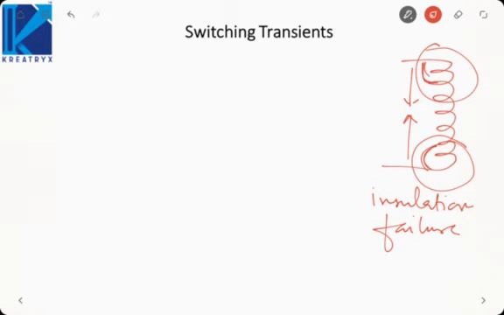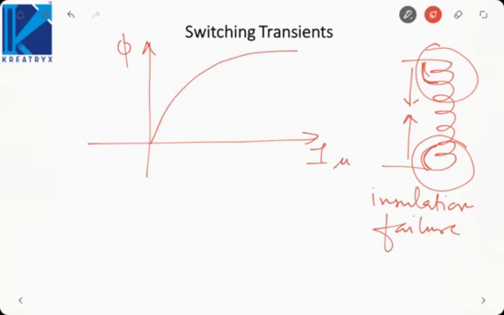The next effect due to this doubling of the flux is, see, if we draw the flux versus I mu curve, it will have some saturation like this. So if this was my flux initially, the flux goes like this, 2 phi m, due to which the magnetizing current also increases.